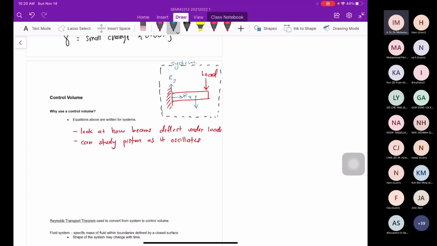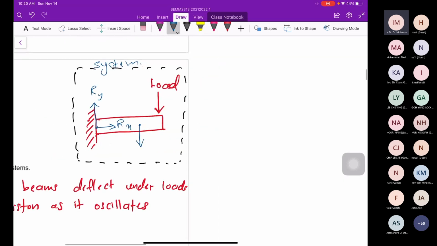So in order for us to analyze the system, we need to convert it into a control volume. Why? Because maybe we need to analyze sequence by sequence. Maybe I want to analyze this portion, this region, so I convert here as a control volume 1.